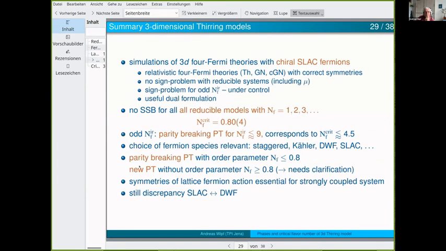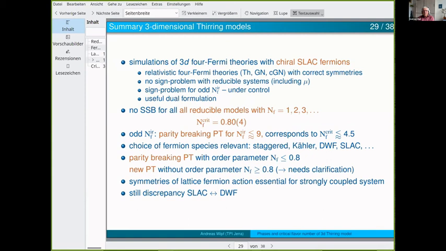Okay. Let me summarize this part a little bit. I have shown you the results of simulations for the 3-dimensional four-Fermi theories. With SLAC fermions, I showed you the result for the Thirring model, where the critical flavor number was in the focus of our simulations.